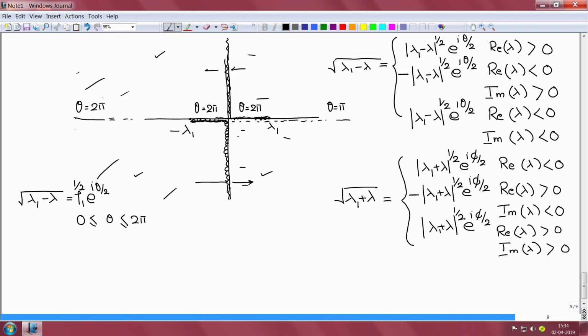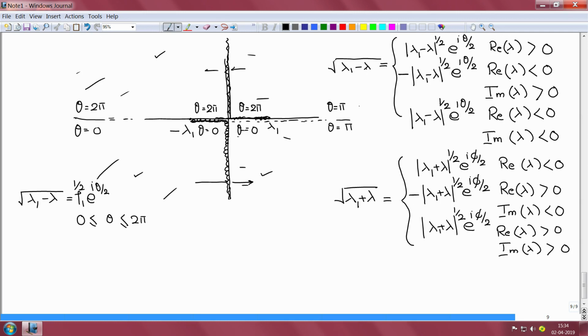Here theta was equal to 0, here theta was equal to 0, and here theta was equal to pi.